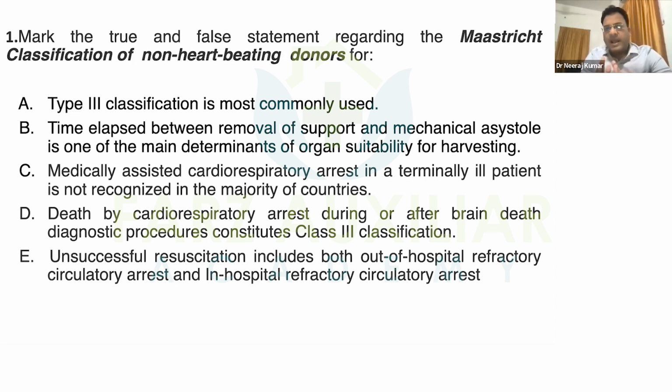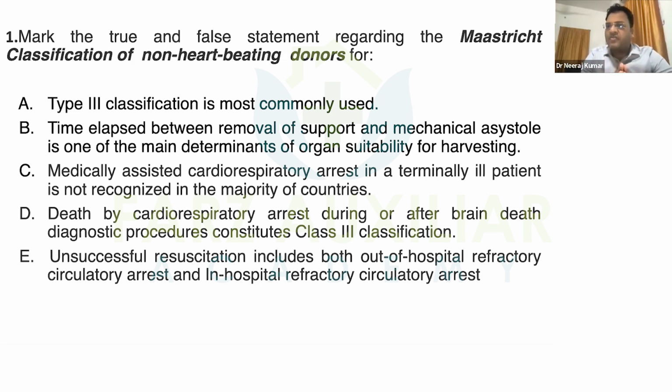Second, the time elapsed between the removal of support and mechanical asystole is one of the main determinants of organ suitability for harvesting. Third, medically assisted cardiorespiratory arrest in a terminally ill patient is not recognized in the majority of countries, and death by cardiorespiratory arrest during or after a death diagnostic procedure constitutes class 3 classification. The last option is that unsuccessful resuscitation includes both out of hospital refractory circulatory arrest and in hospital refractory circulatory arrest. I want to test the knowledge regarding the Maastricht classification.